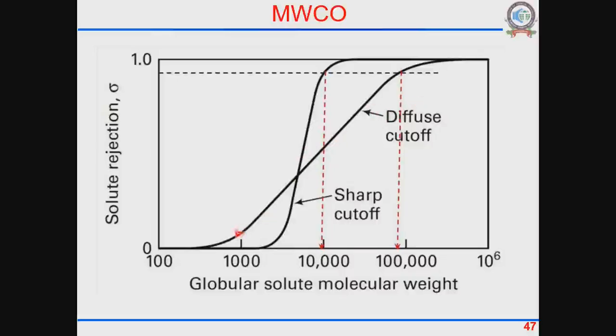That's because this is called a diffuse cutoff. You will not get a good separation between solutes in this membrane, whereas the selectivity, or the kind of separation that we will get, would be very large if it's a sharp cutoff membrane.